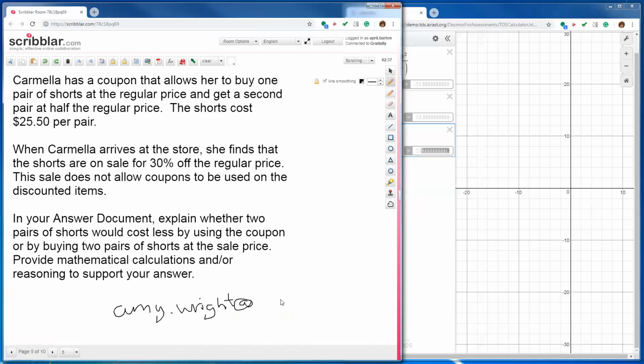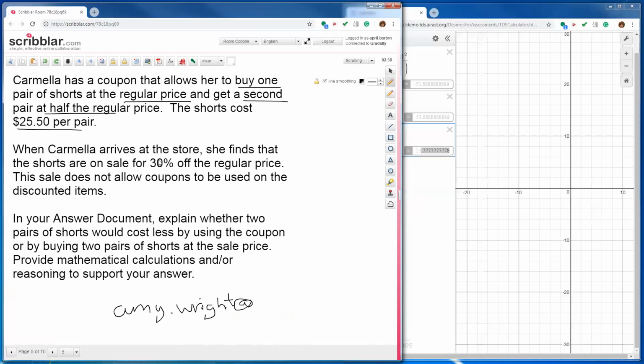Yep. Okay. So let's do this problem. Carmilla has a coupon that allows her to buy 1 pair of shorts at the regular price and get a second pair at half the regular price. So for 1 at regular price, second at half price. So half off. Yep. The shorts are $25.50 per pair.